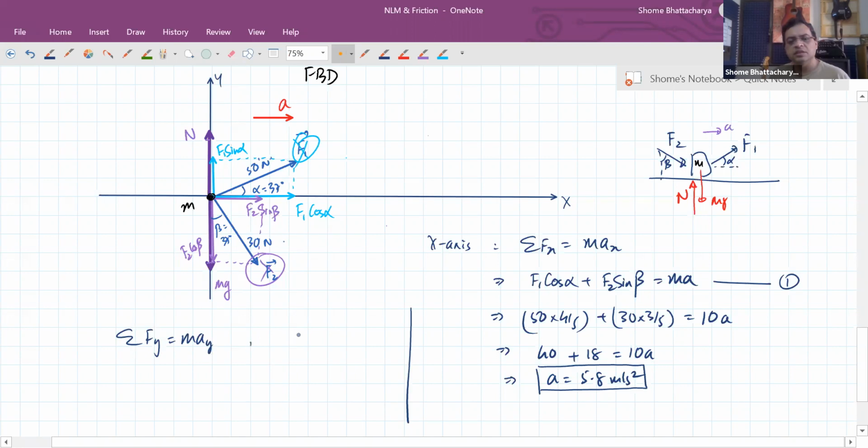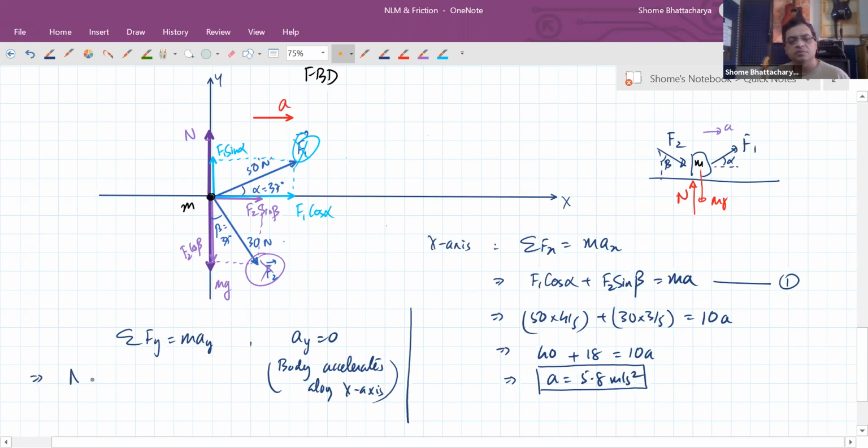Now we can see that the y component of acceleration is 0 because the body is moving along the x-axis. So because of that, the forces will get balanced. Okay.